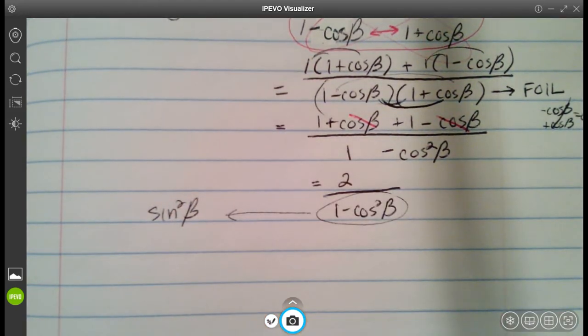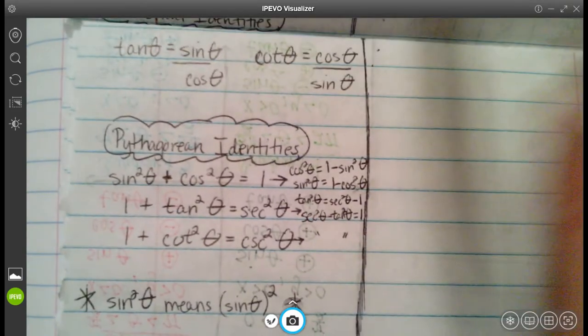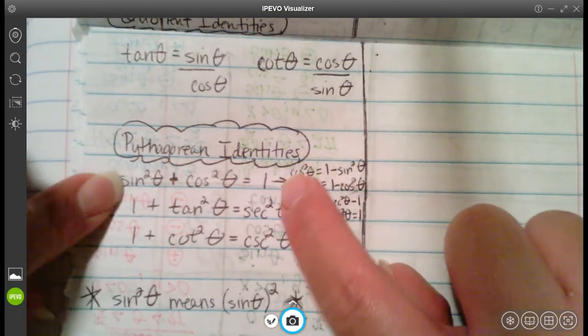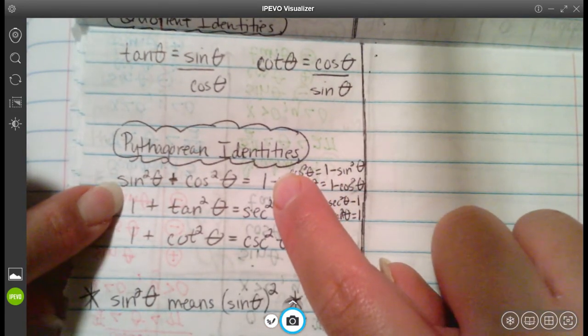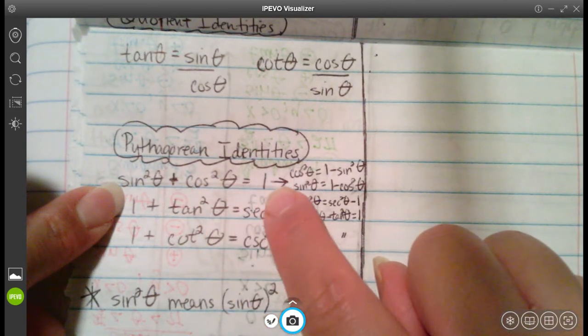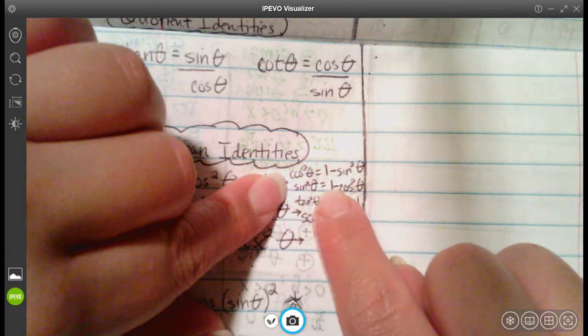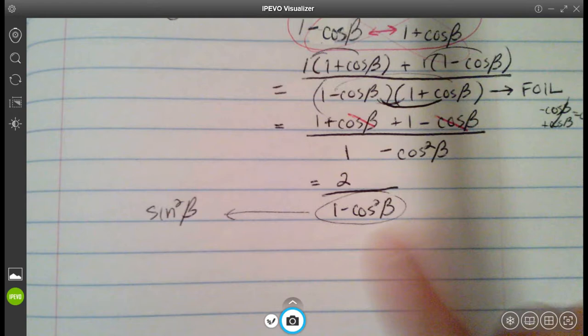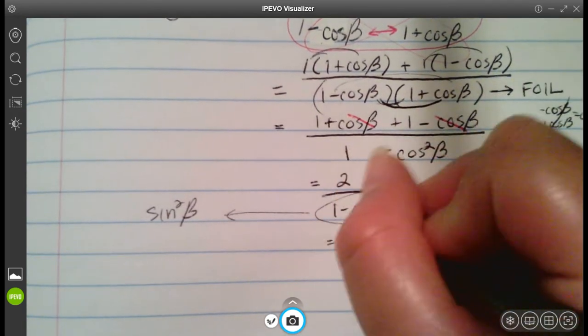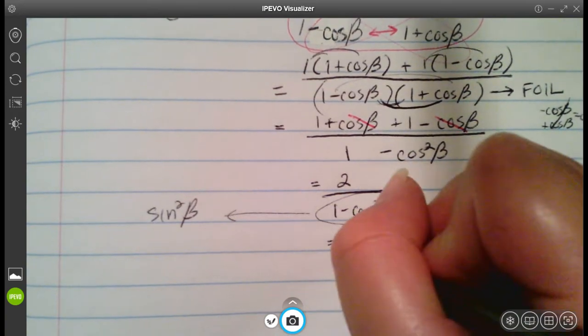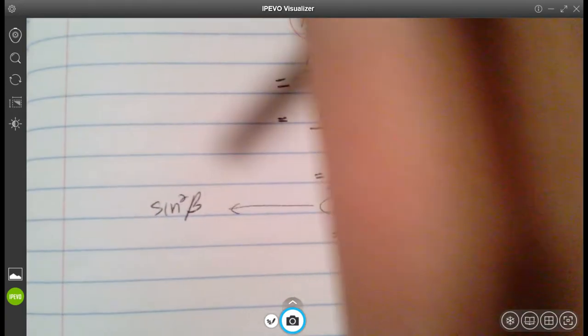Because if we look at our foldable again, from this identity here, the first one, if you were to move cosine squared theta to the right side, we get sine squared theta is equal to 1 minus cosine squared theta, which is what I have right here. Okay, so this is equal to 2 over sine square beta. Of course, we're saying beta in this one, not theta.